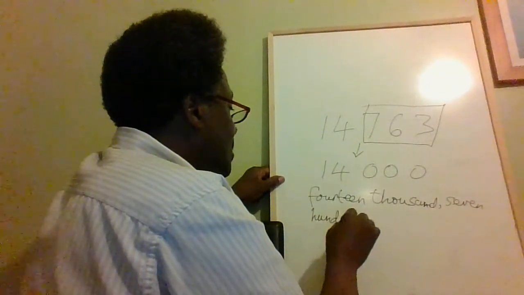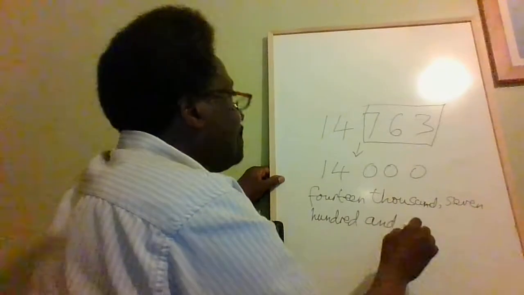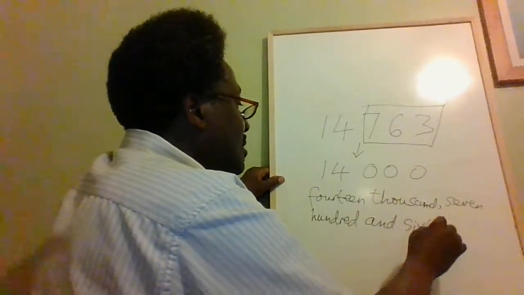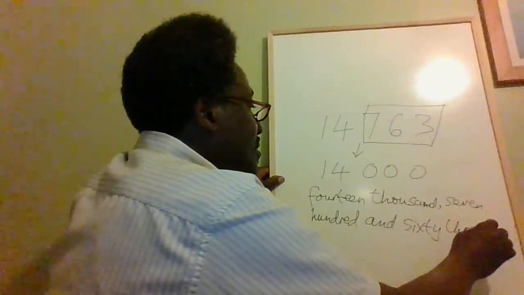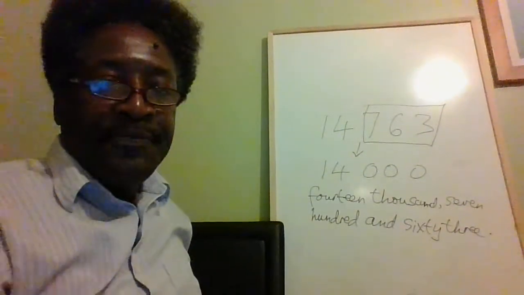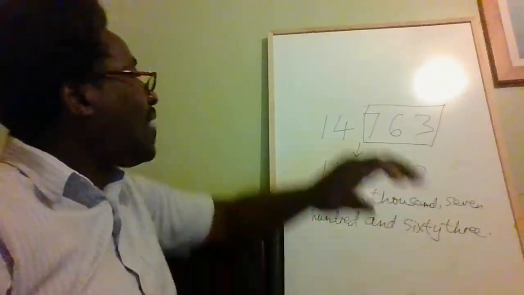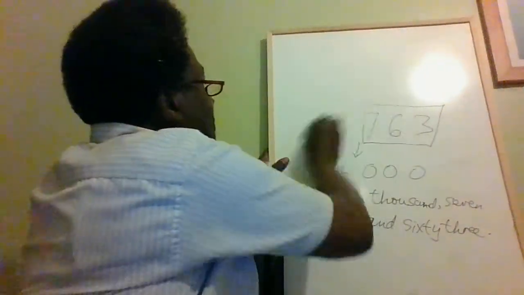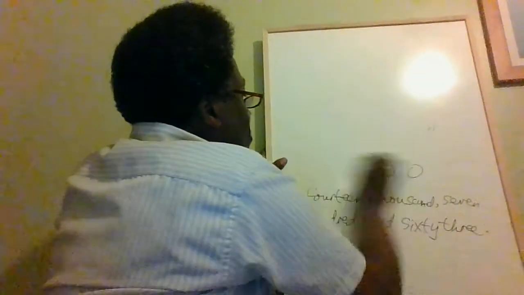700 and 63. We'll do one more 5-digit number, random. Well, I won't say random. I have a very interesting number.